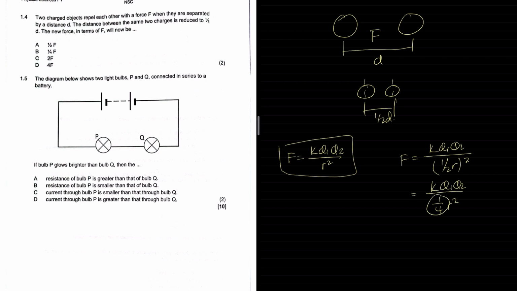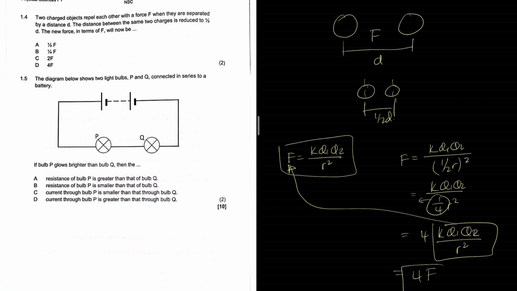Dividing by a quarter is the same as multiplying by 4. So 4 kq1 q2 over r squared. Now that is F, so it's 4F. So the answer here is going to be D.